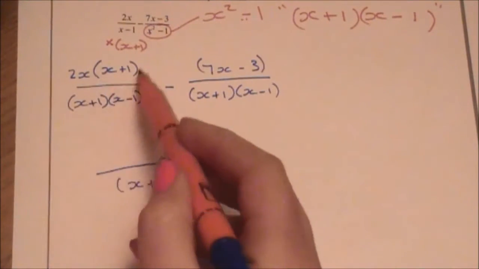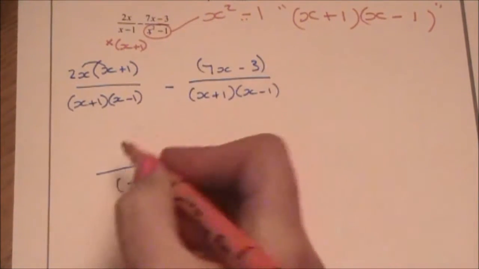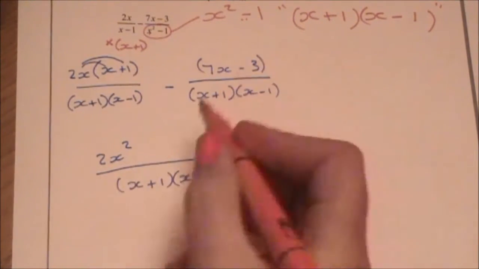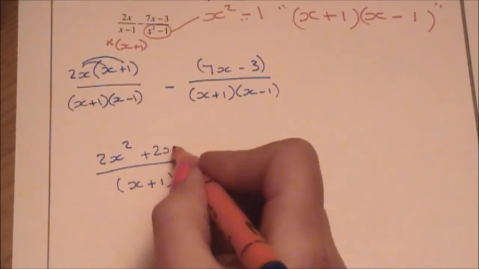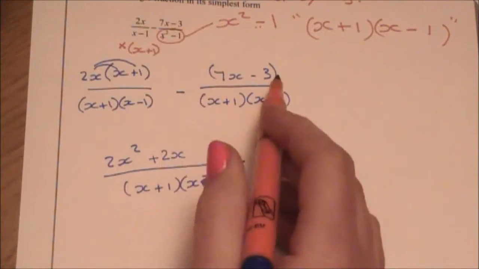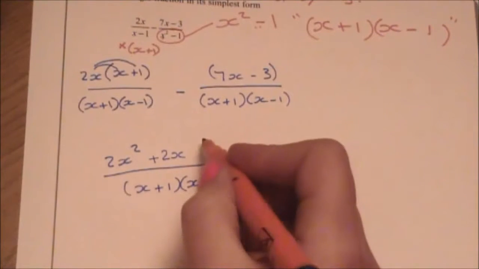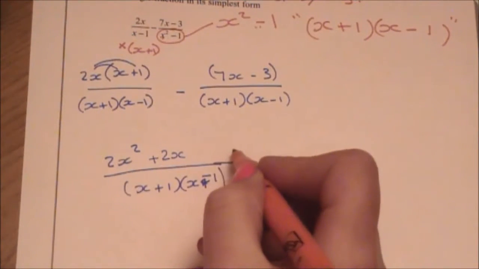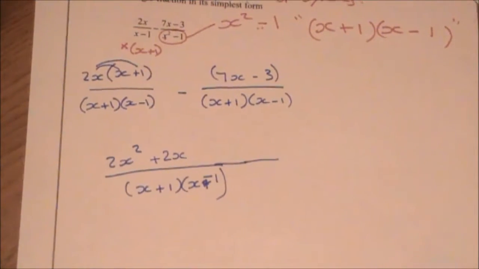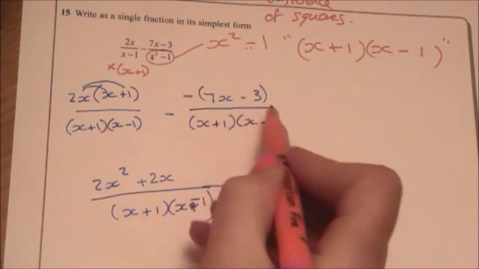Now, my numerators, my top numbers, I'm going to multiply out. So in this case, I'm going to do 2x times by x, which is 2x squared. I'm going to do 2x times by positive 1, which is positive 2x. And over here, whilst I don't have any brackets to expand out, I need to consider what this negative means. Now, it's tempting to just put negative 7x minus 3, because that's what it looks like. However, you've got to keep in mind that this minus affects the whole of this bracket.